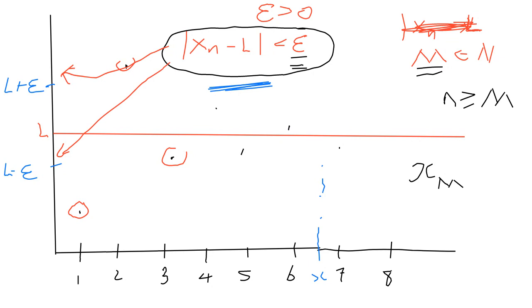Now what we are saying is, no matter how small you make that epsilon, of course, the smaller you make that epsilon, the closer you go towards the limit. So as epsilon gets smaller, let's say for example it was 1, then 0.5, then 0.05, and then 0.01, 0.00000001.